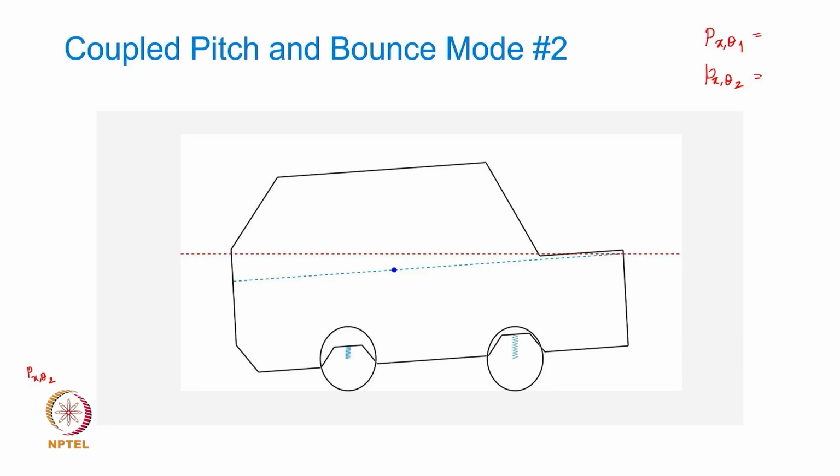Now, the only thing that separates these two apart from the numeric values is the way it vibrates. In one of the two modes, bounce will be predominant, while the pitch will also happen. So, both motions will happen.